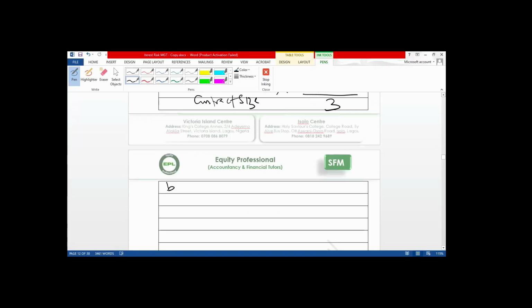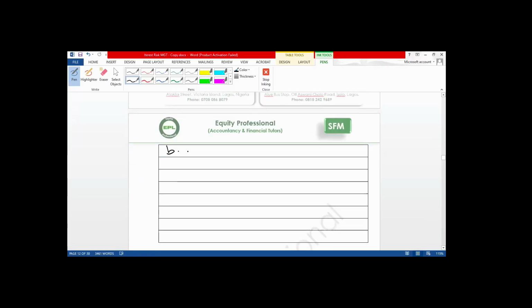Requirement B. Traded interest rate option.